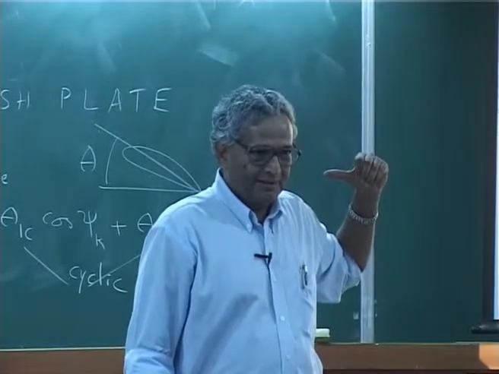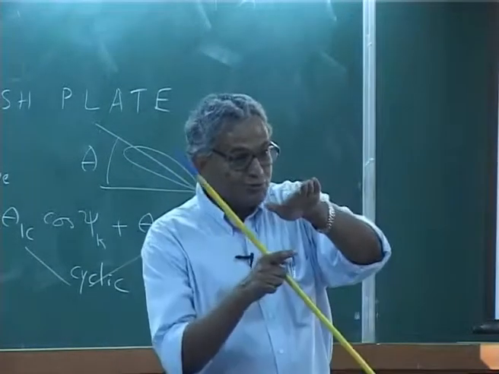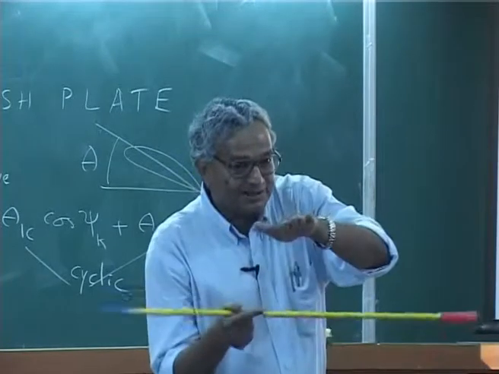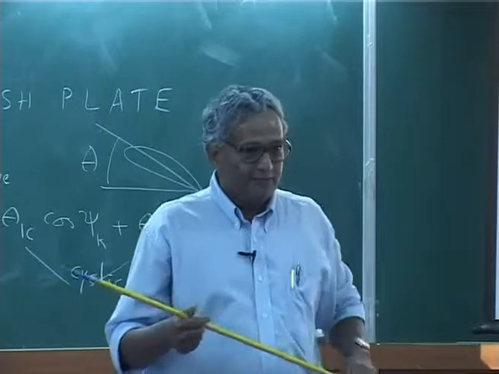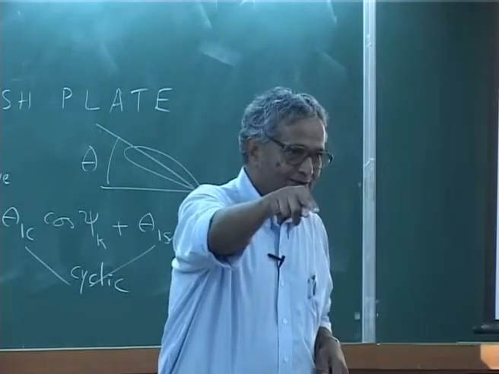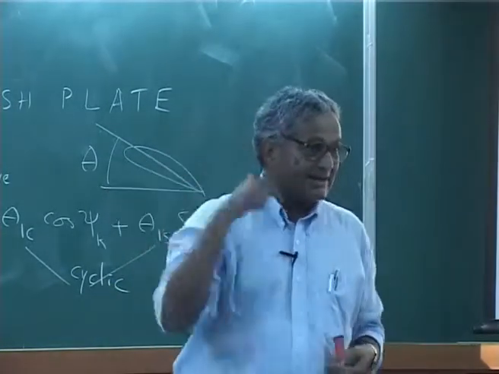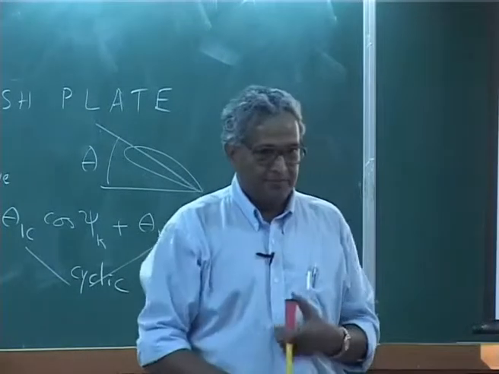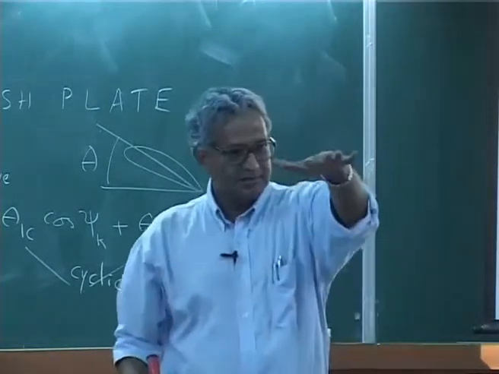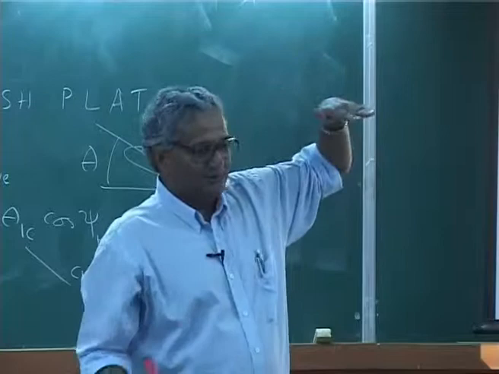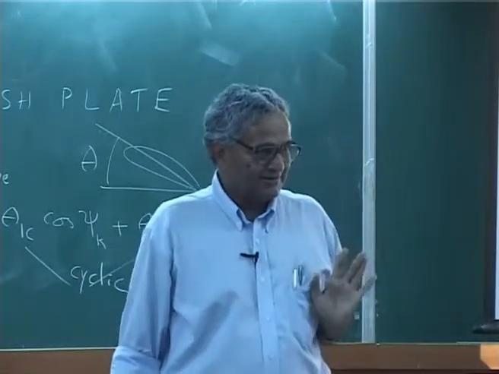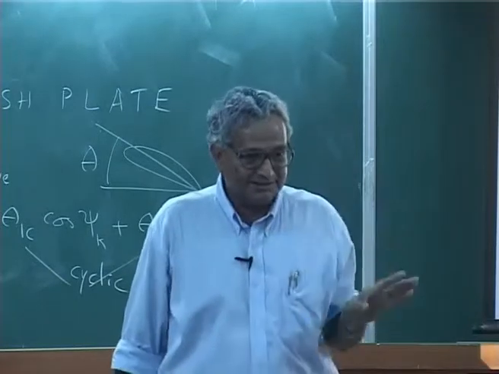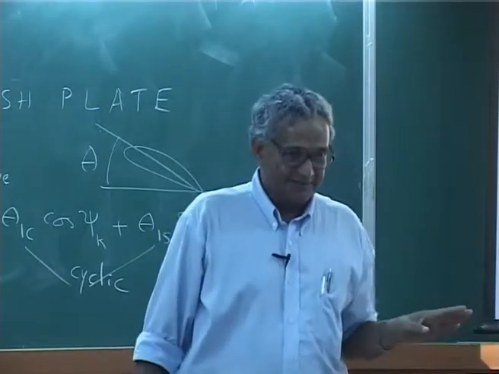Now, imagine if you have 2 contra-rotating rotors, there is no tail rotor. If you have one rotor in front, one at the back, that is tandem. There is no tail rotor. Only thing is, one is a main rotor, another also looks like a main rotor, both are horizontal rotors.